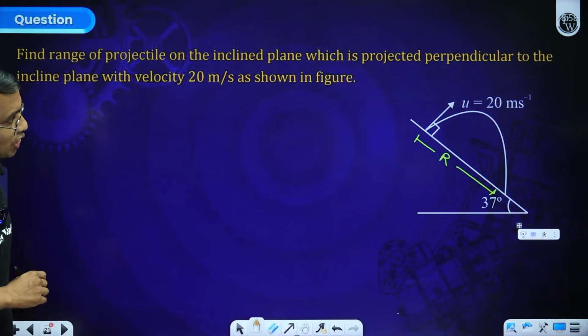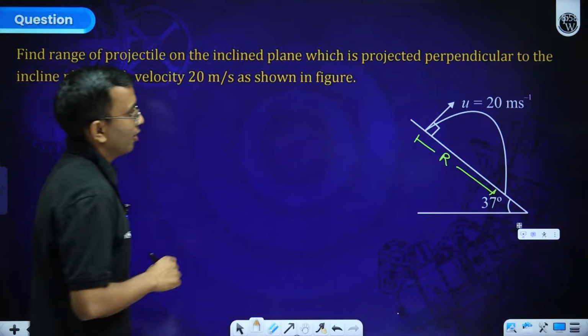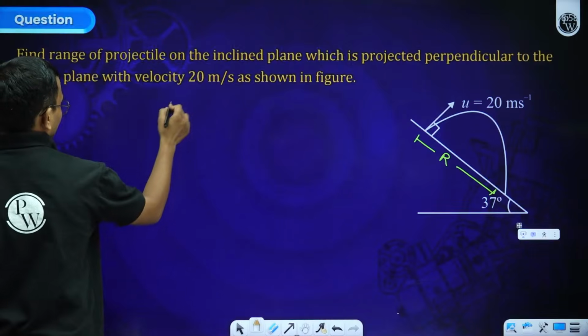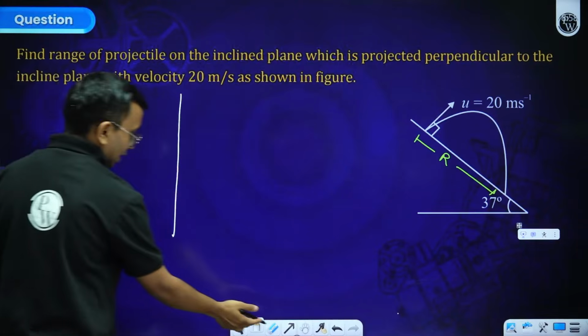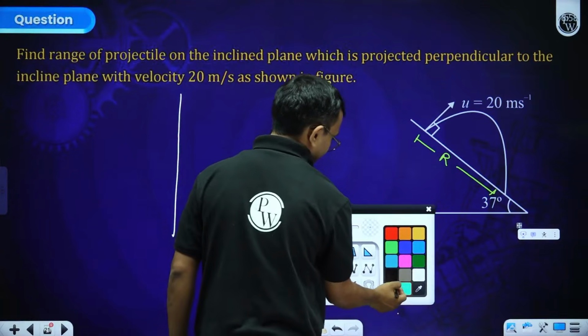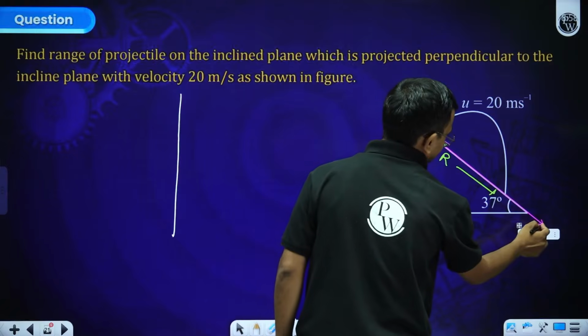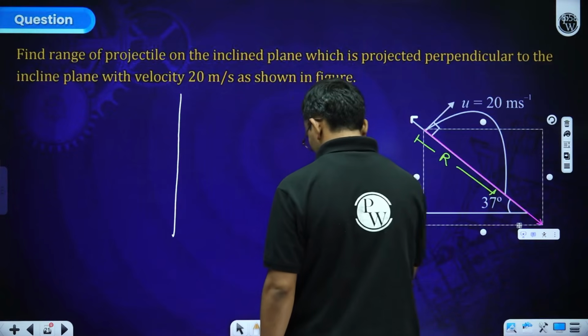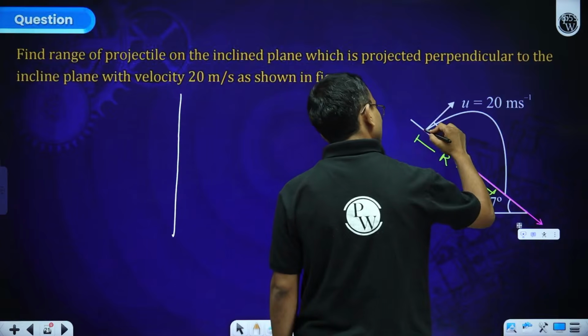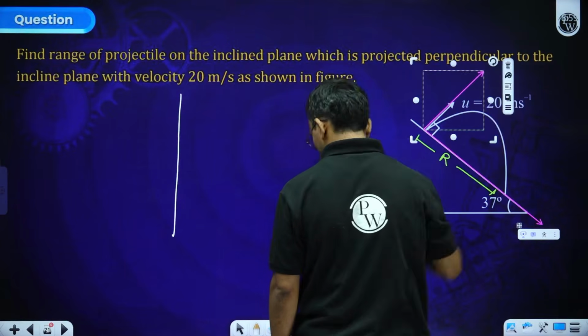Okay, let us find R here. First of all, I'm making my x-axis and y-axis here. This I'm taking as my x-axis and this I'm taking as my y-axis.